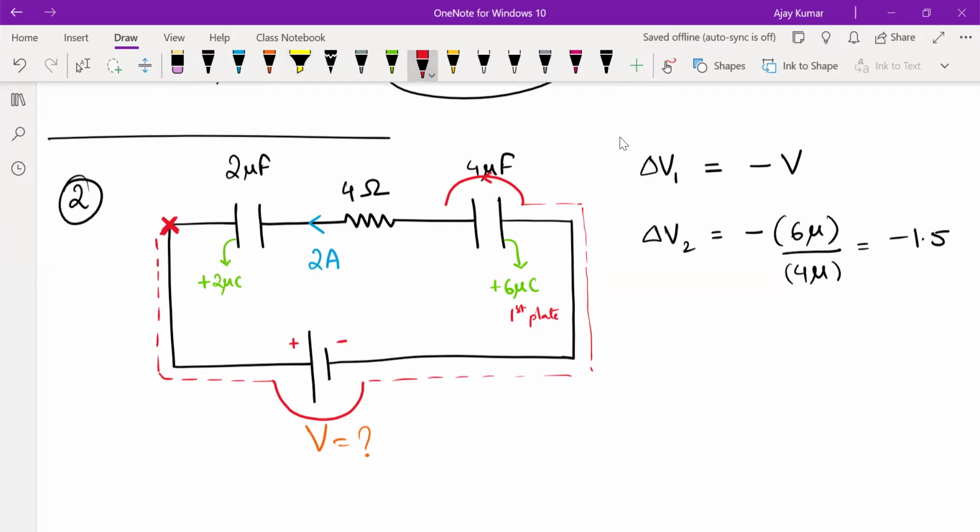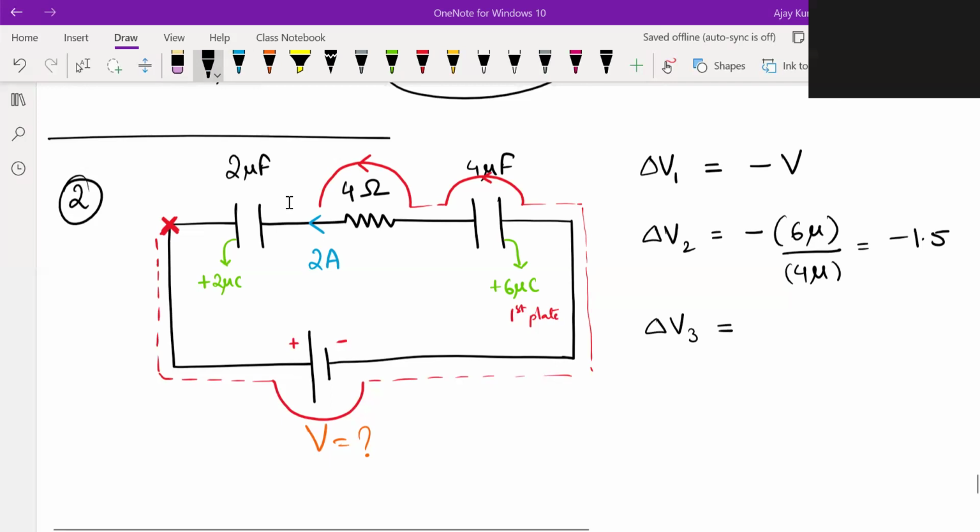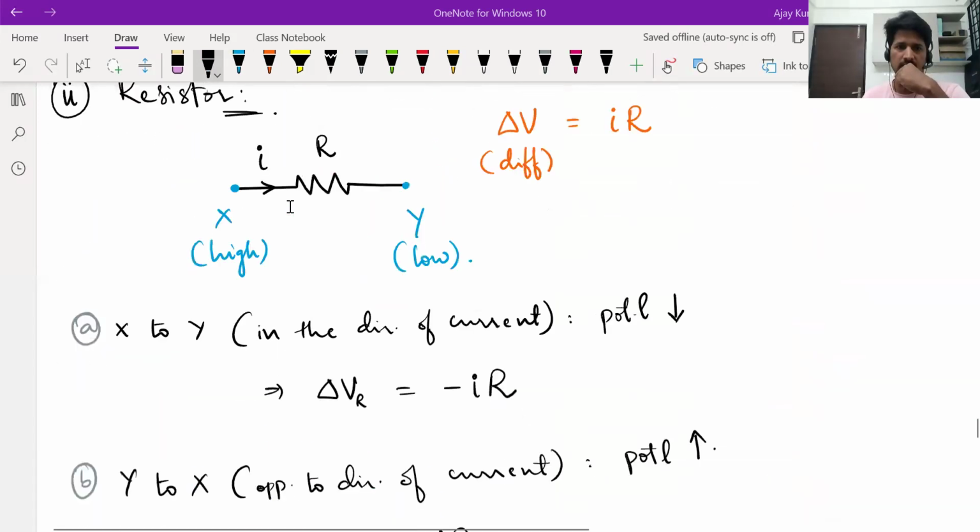Continue moving. You move across the resistor. Isha, how to write potential change across the resistor? General formula you tell me. V is equal to IR. No, you don't always use V is equal to IR. That is what we discussed a little while ago.